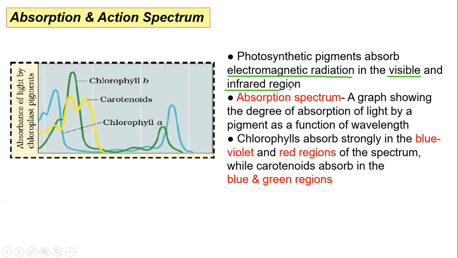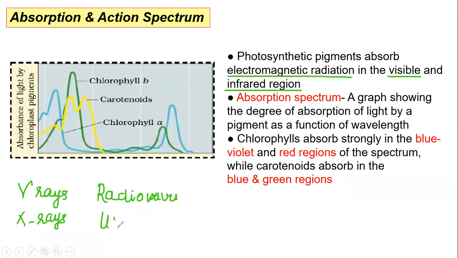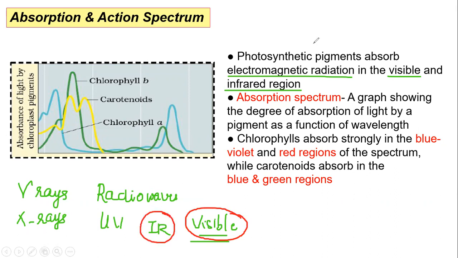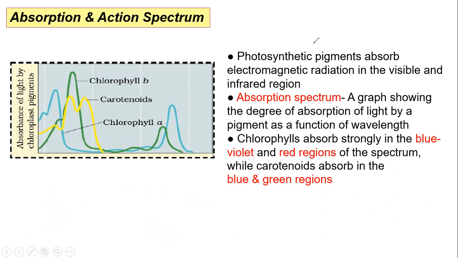You will know different rays like gamma rays, X-rays, radio waves, microwaves, visible light, ultraviolet (UV) light, and IR. Mainly the chlorophyll molecule, the photosynthetic pigment, will absorb light coming from the visible region and the infrared region and not any other regions.